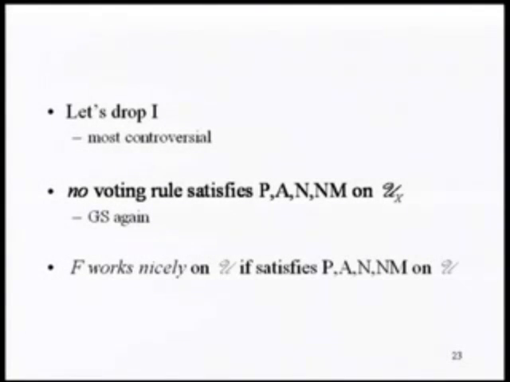That's Gibbard-Satterthwaite. But we have this second theorem, which says that jointly Condorcet and Borda dominate everything else. So take any voting rule which happens to work nicely on a given domain, then either Condorcet or Borda will also work nicely on that same domain. Not necessarily both, but at least one of them.